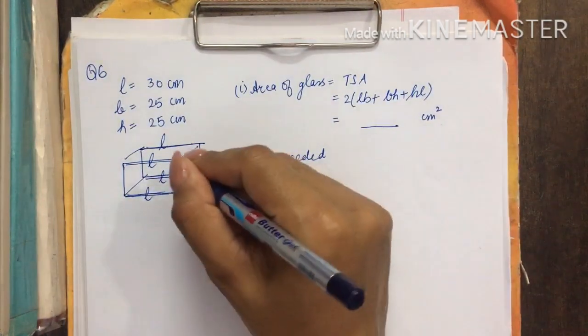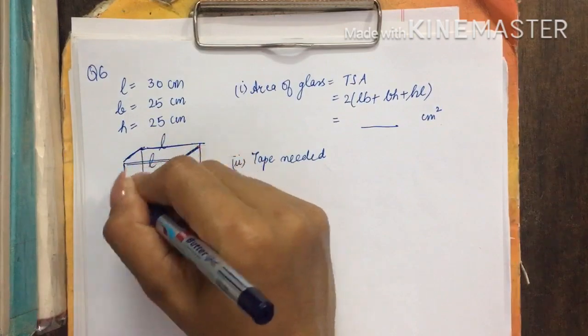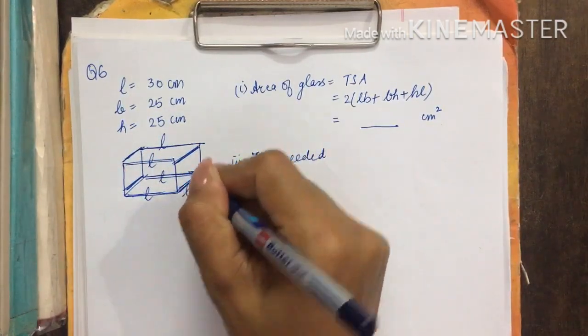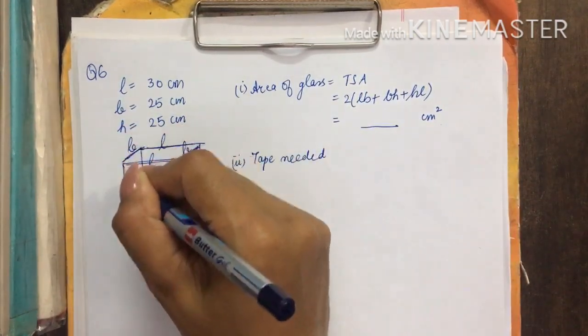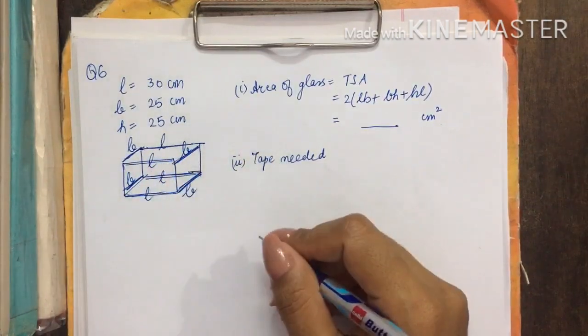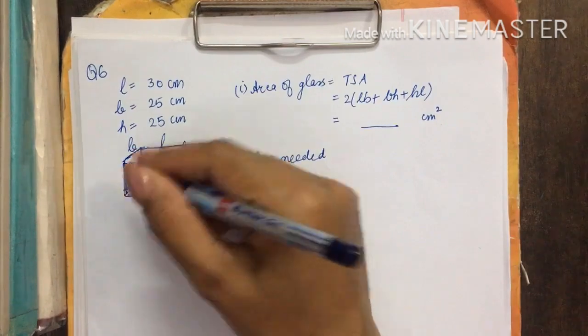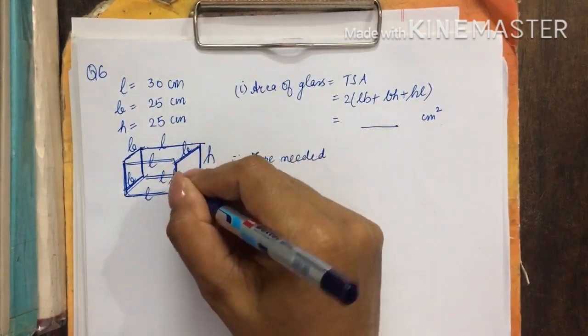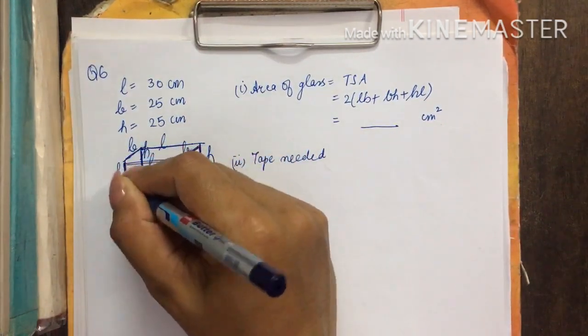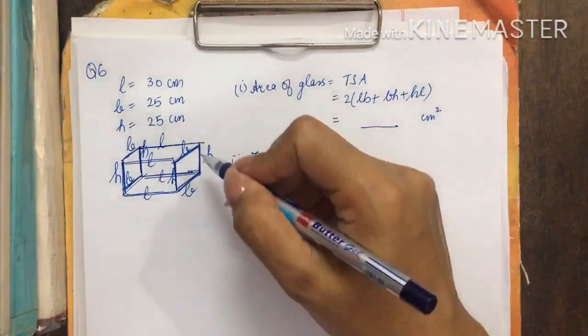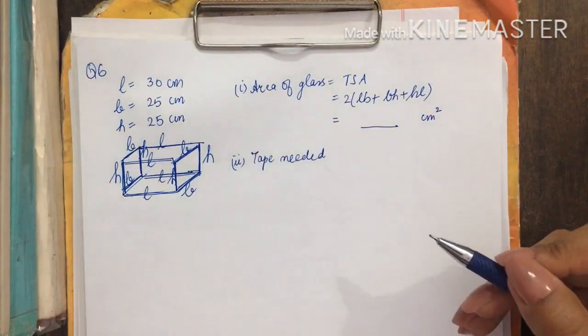Then the oblique or the slanting line segments represent the breadth. So the tape has been used for these four slanting line segments. And the vertical edges, these represent the height. So four vertical line segments means four heights. These have also been held together using tape.